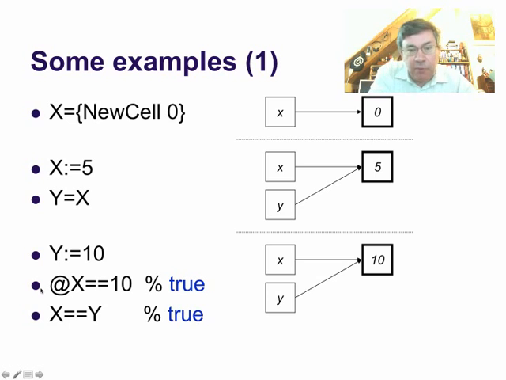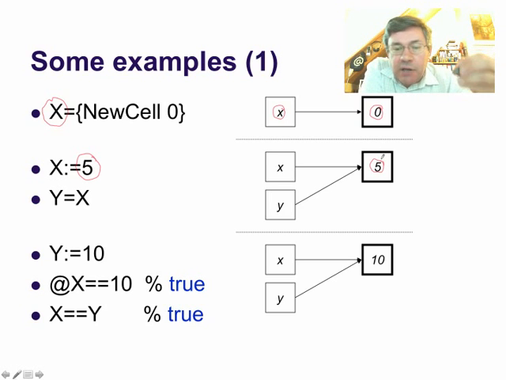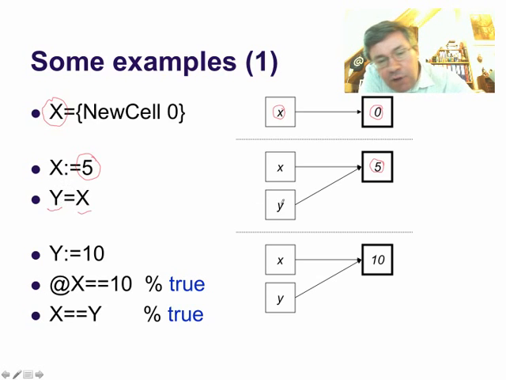So here are some examples. We create a cell, so variable x here, little x, is bound to a cell with initial content 0. Now we replace the content by 5, so this content is 5. And if we now say y is equal to x, we have another variable y which refers to the same cell. Assume now that we change the content of y to 10.